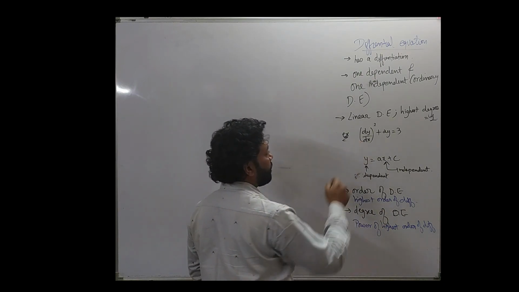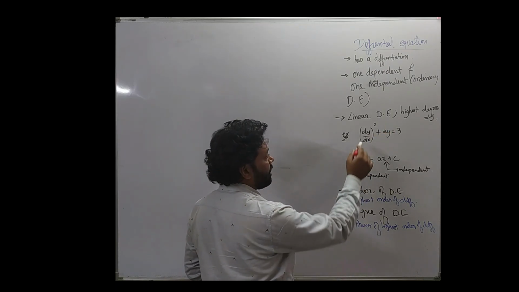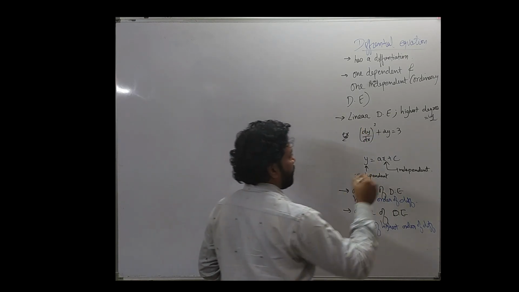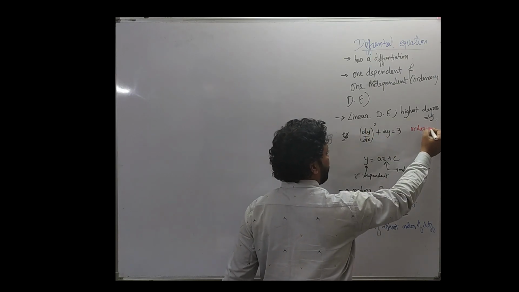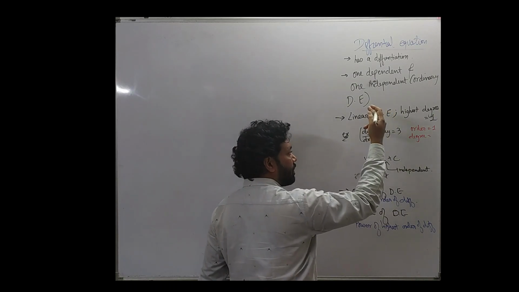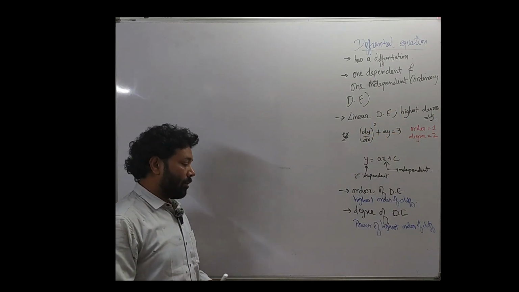If we take this differential equation (dy/dx)^2 + 2y = 3, we see that the highest order of differentiation is 1. So for this equation the order is 1. We see only the first order derivative, and this first order derivative is raised to the power 2. So the degree of this differential equation is 2.